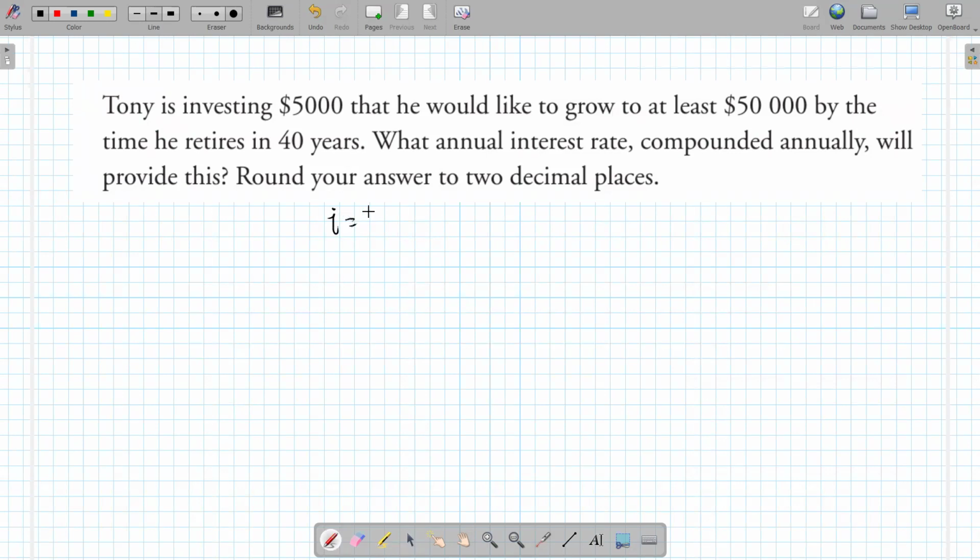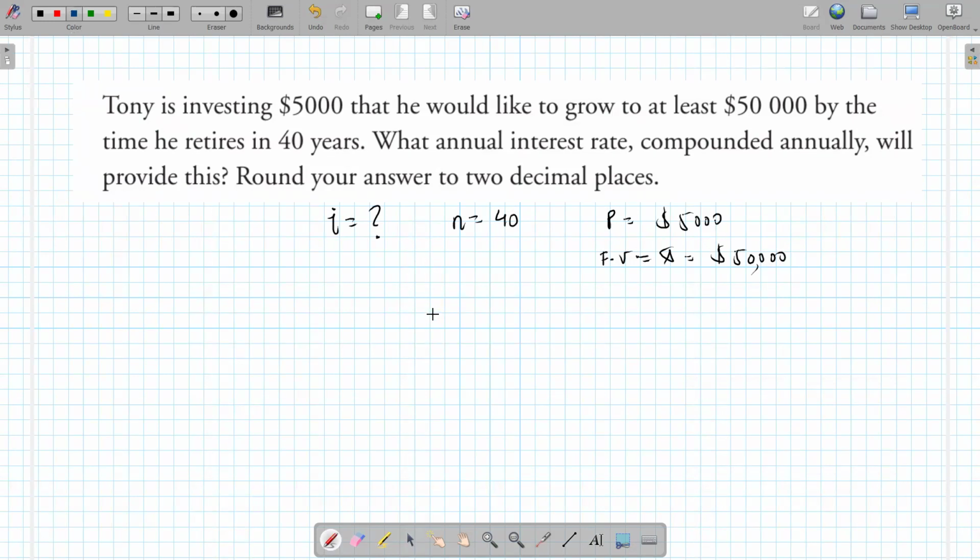So our I is unknown. We know our N. We know our present value or our principal amount, that's 5,000. And we know our future value or the amount in 40 years' time, that's 50,000.